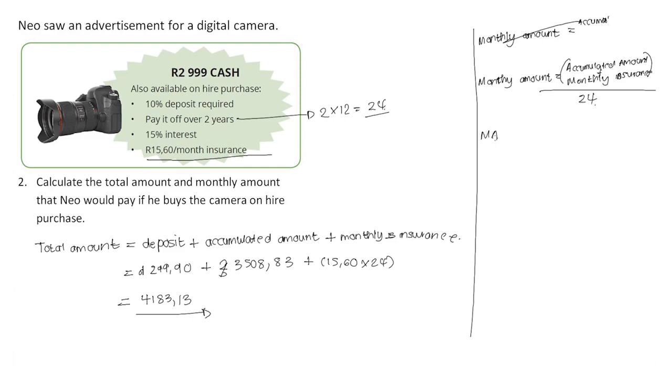So the monthly amount is equal to 23 Rand divided by 24, which gives us an answer of 161 Rand and 80 cents. And this is the amount that Neo would be required to pay monthly for 2 years.